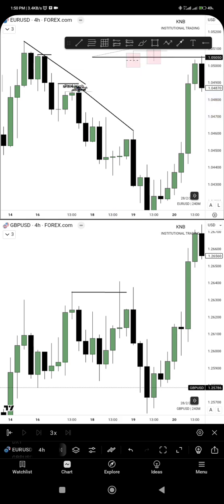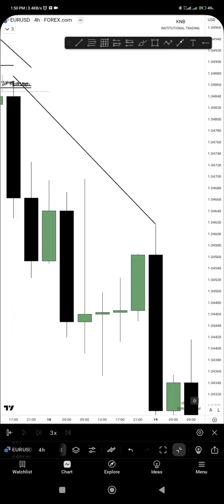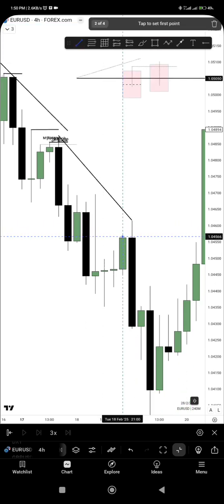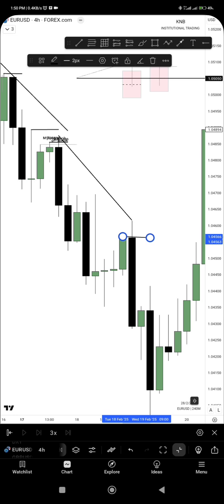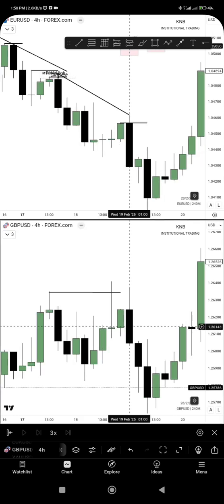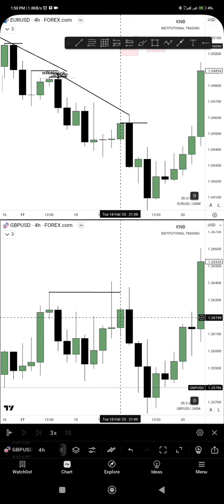Now this candle is just a singular divergence, because this candle also sweeps the high, so there's no divergence between both of them.